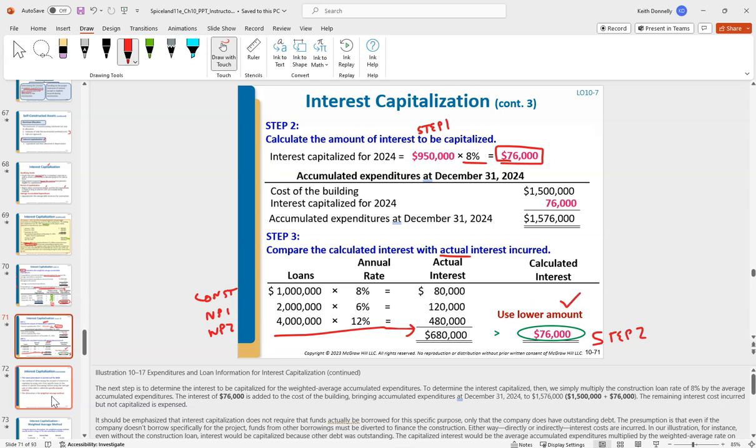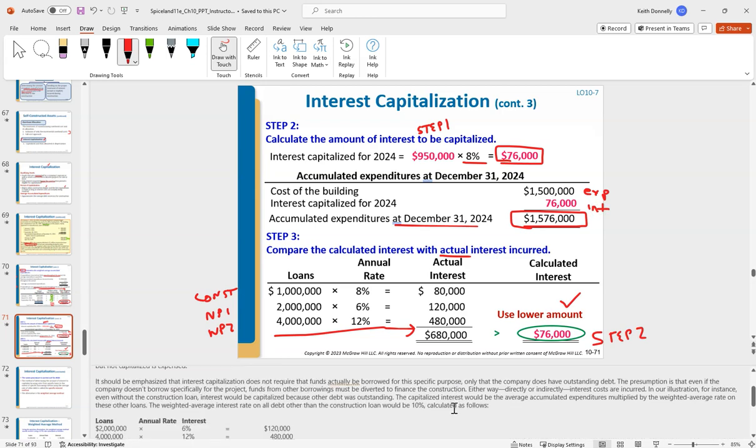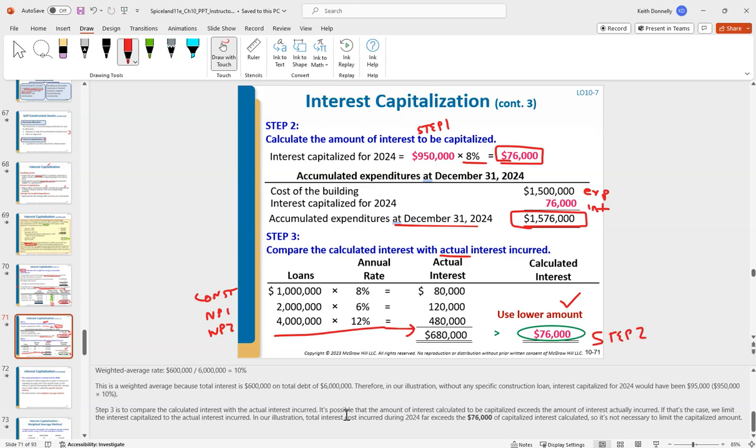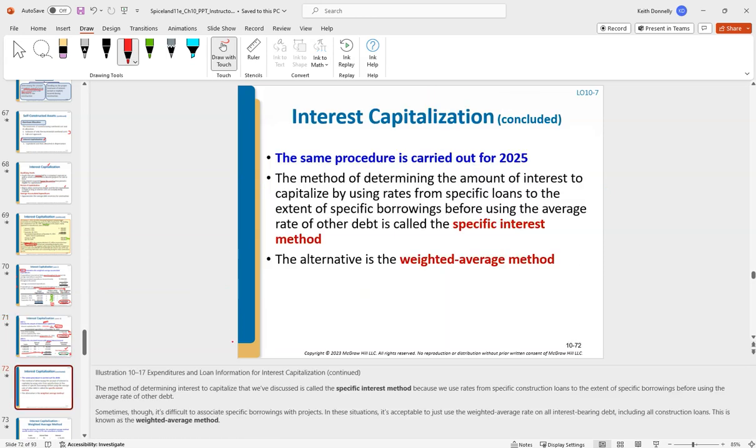What does this all mean? Essentially, in this case, at the end of year 1, what are we going to have on our balance sheet for the building? The accumulated costs are going to be the 1.5 million of actual expenses with the 76 of interest that we calculated. So you can look at that with more specific information.